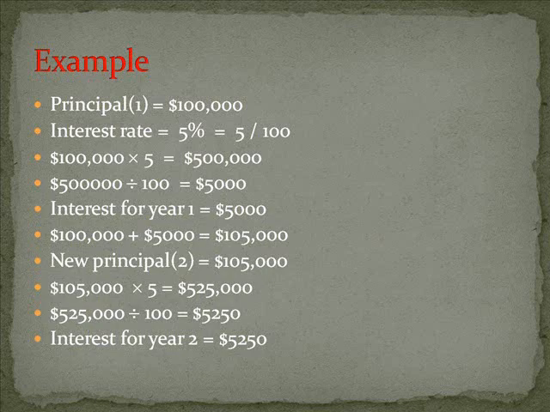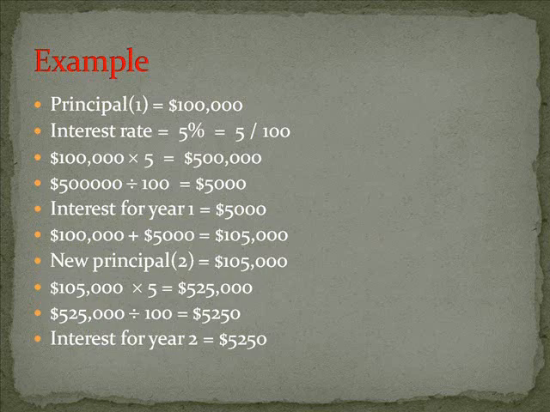Now the interest for year 1 would be $5,000. Now $100,000 must be added to $5,000, and that will give me $105,000.